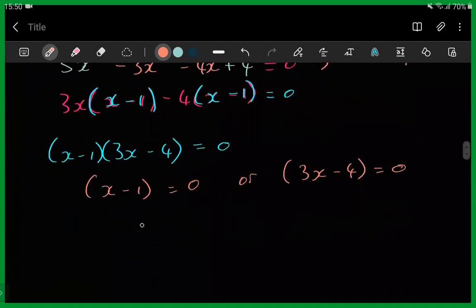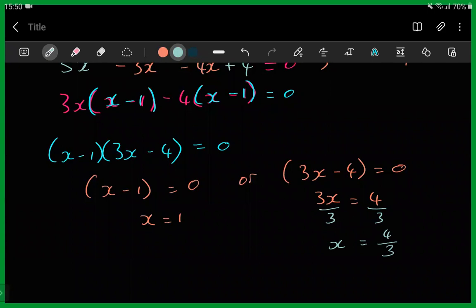So the negative 1 goes over, the negative 4 goes over. Divide both sides by the 3. X is 4 over 3. There you go. That's the way we like it. You see? Yeah.